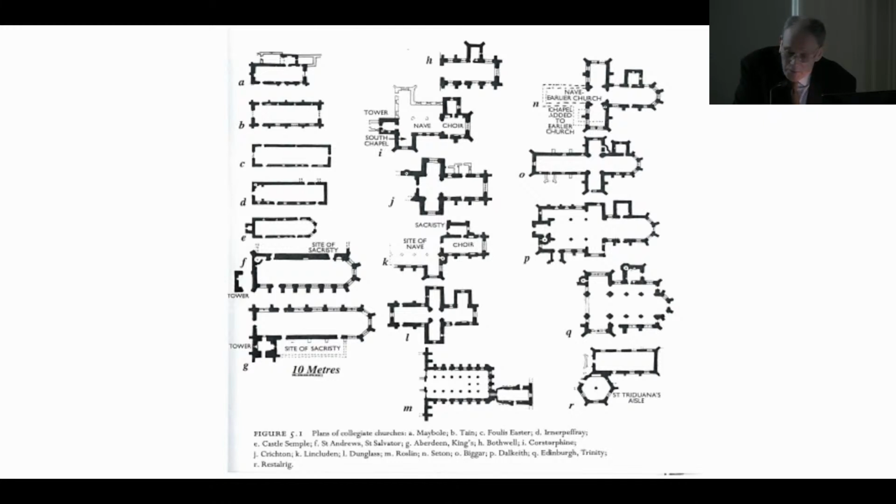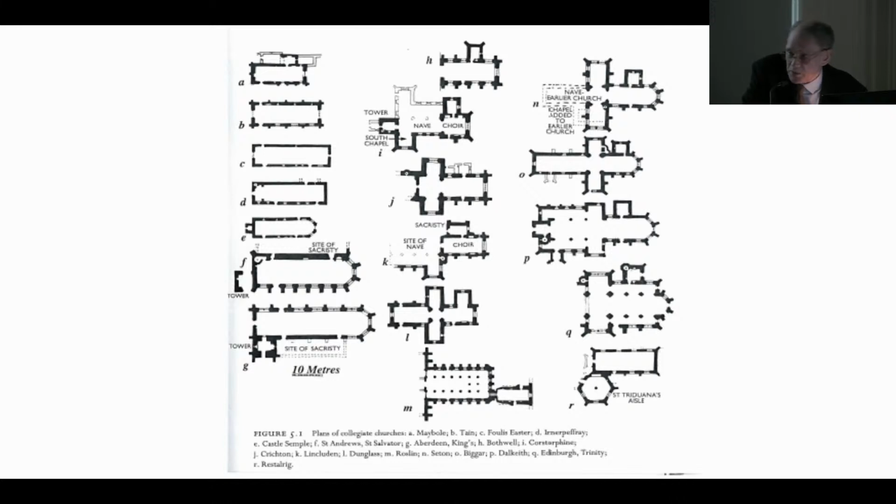It had a 5-bay aisled choir and a double aisle at the east end projecting east of a high east gable. So effectively there was a double aisle, an ambulatory on the inner side and a row of chapels on the outer side at the east end. And two arches, as again you see on the plan, divided the main space of the choir from those aisles.